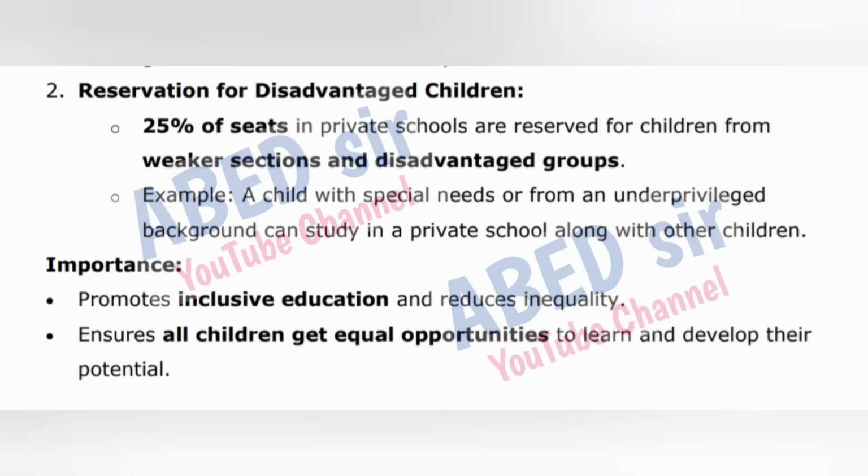Example, a child with special needs or from an underprivileged background can study in a private school along with other children. Importance. Promotes inclusive education and reduces inequality. Ensures all children get equal opportunities to learn and develop their potential.